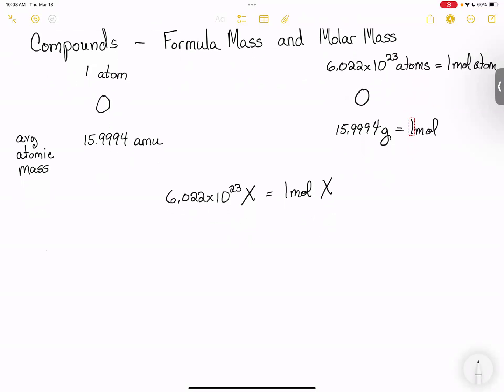So, formula mass will be in atomic mass units, and it will be for a single atom or molecule.